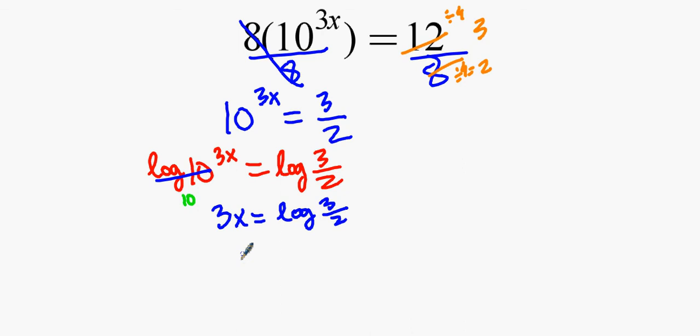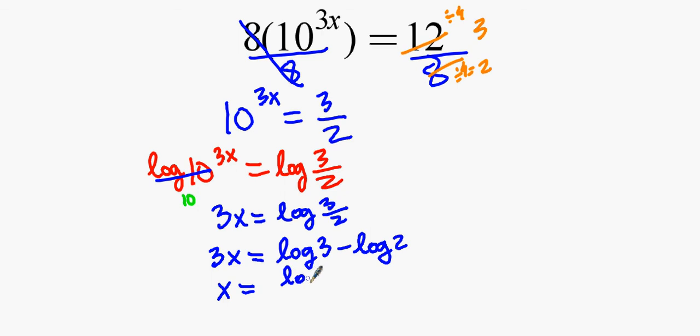We can rewrite that using properties of logs. Log of 3 over 2 is the same as log 3 minus log 2 because it's division. So then x would become log 3 minus log 2 all divided by 3.